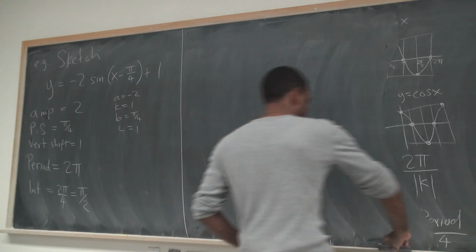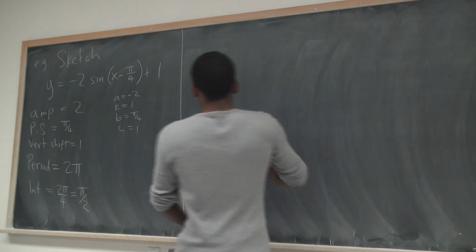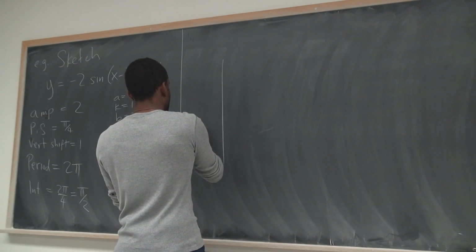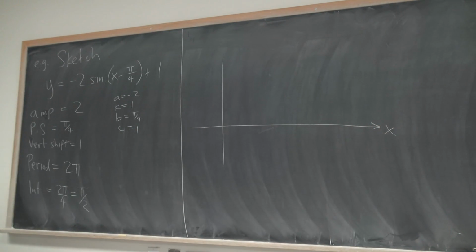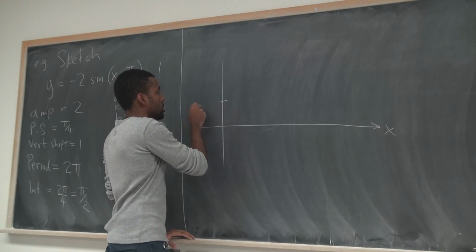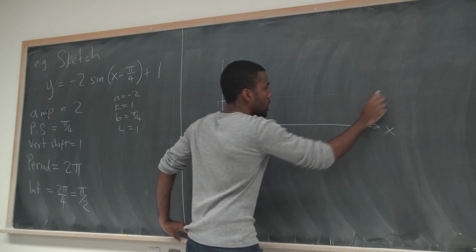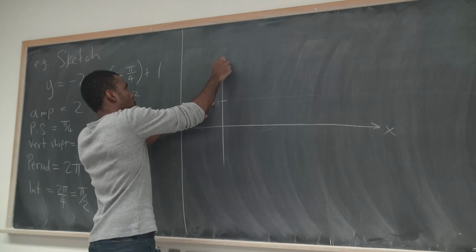So now I go over here, and I can actually draw what this picture looks like. Let's say that's the x-axis. Start by doing the c, which is plus 1. So you start here, 1. That's your new center line. It's not a part of your graph, so you draw it very faintly. Amplitude says it's 2. So if I'm at 1, what's my maximum?